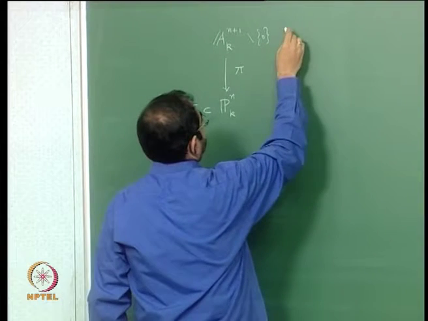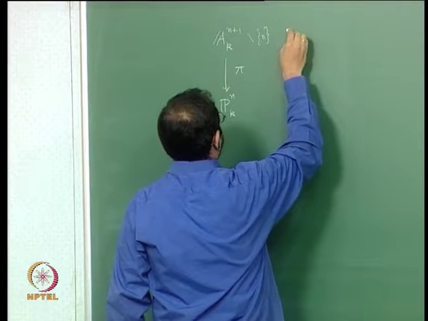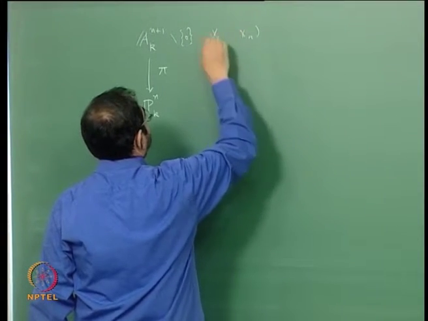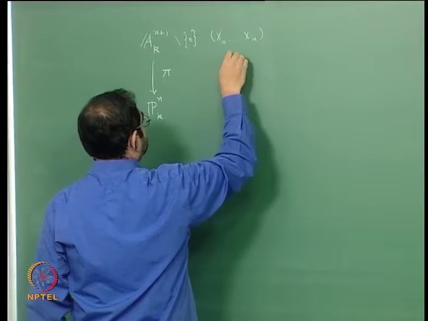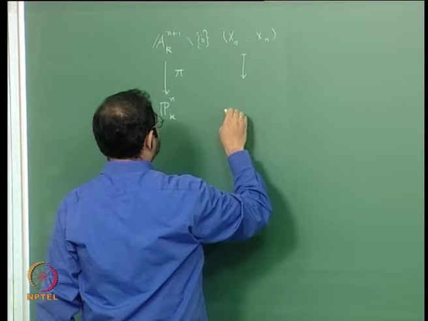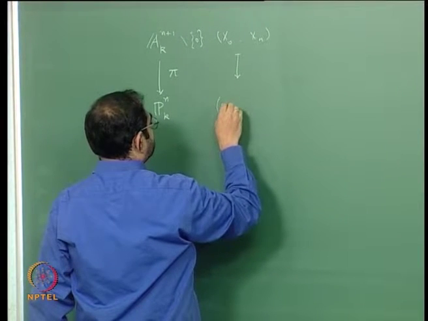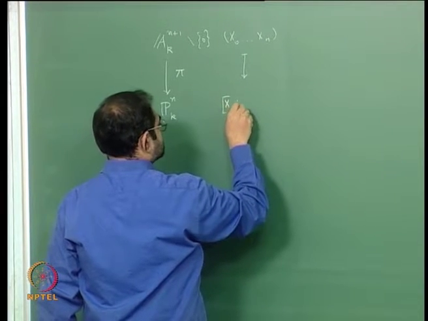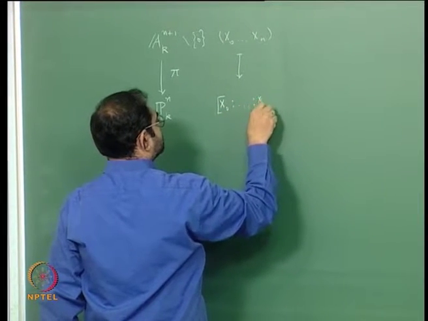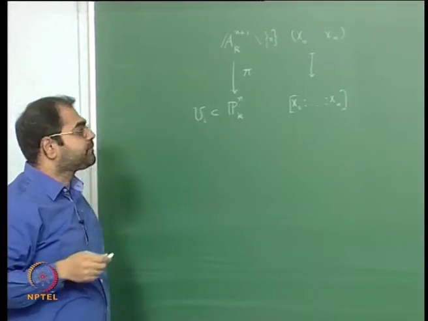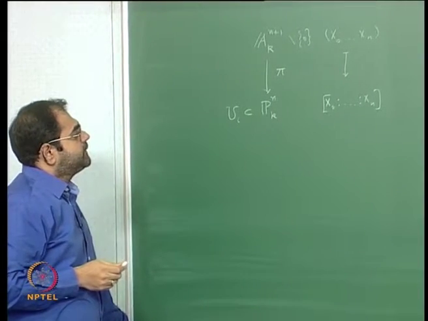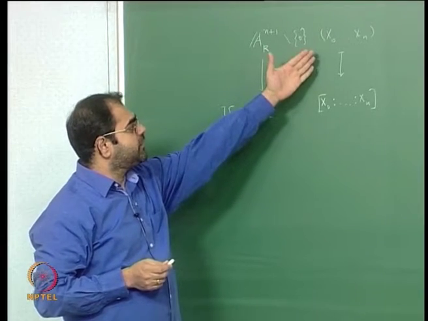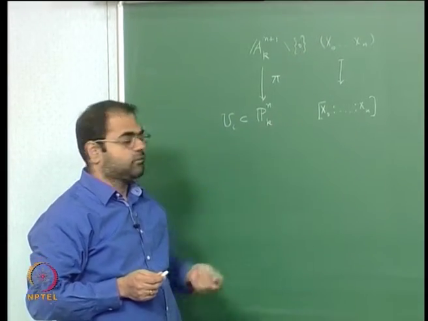The coordinates here are x0 through xn, that is how a point here looks like, and it goes down to a point here which will now have homogeneous coordinates x0 semicolon etc xn, and I am using the same xi to denote both the coordinate functions as well as the coordinates.